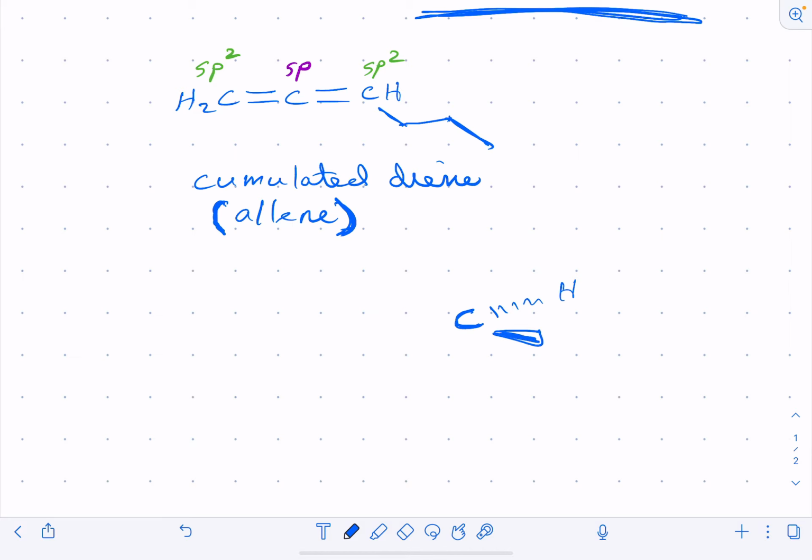So if I think about how I would draw that system, remember that a pi bond is made up of two overlapping p orbitals that are in phase. So we'll indicate the phases like this.